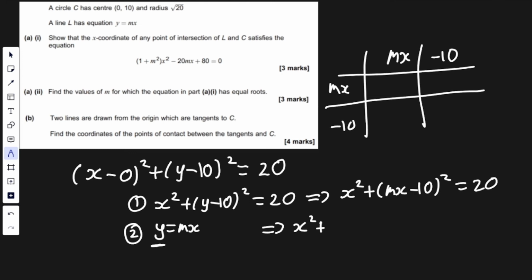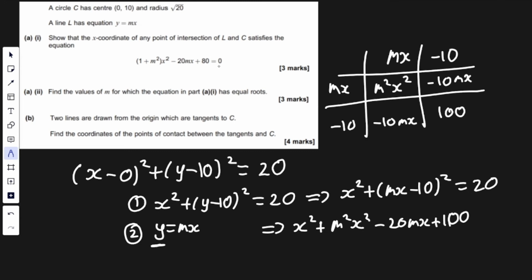So mx times mx is m squared x squared. We're doing m times m, x times x. Then we get minus 10mx, minus 10mx, and finally 100, giving us m squared x squared minus 20mx plus 100.